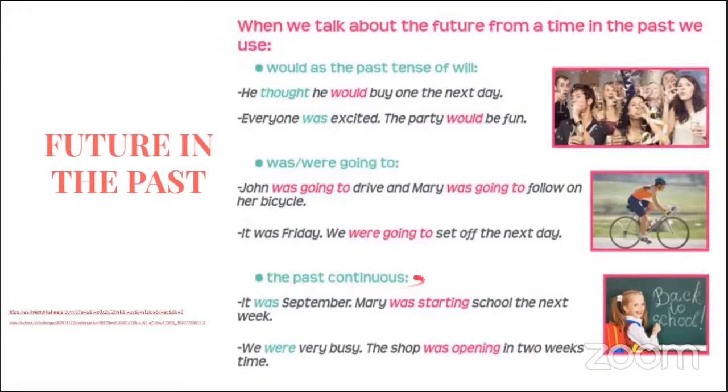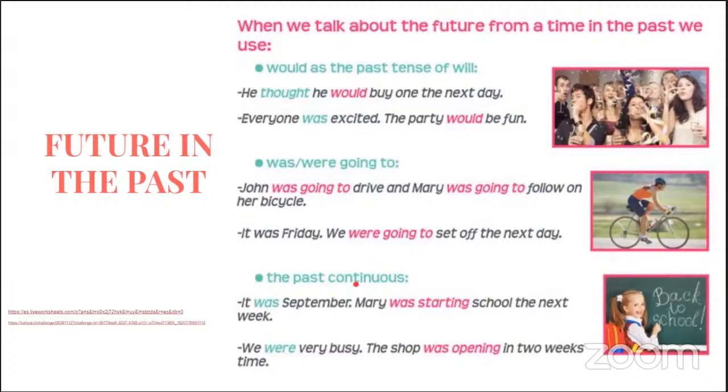And we can also use the past continuous. It was September. Mary was starting school the next week. We were busy. The shop was opening in 2 weeks' time. Yes. So, as you can see, whenever we are talking about the future in the past, we can use would, was or were going to, and the past continuous.